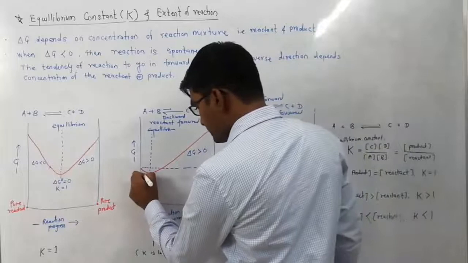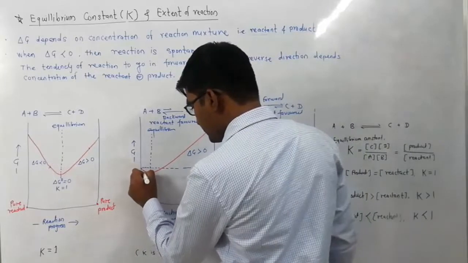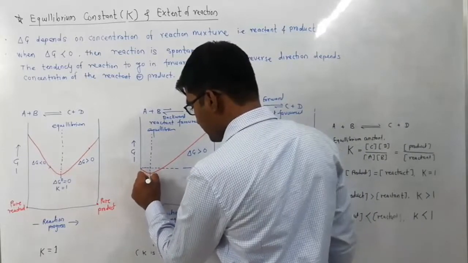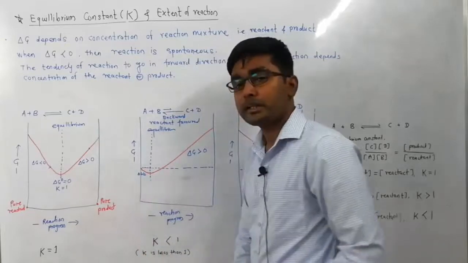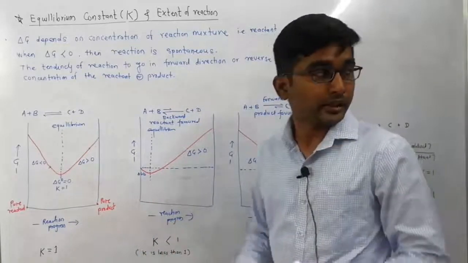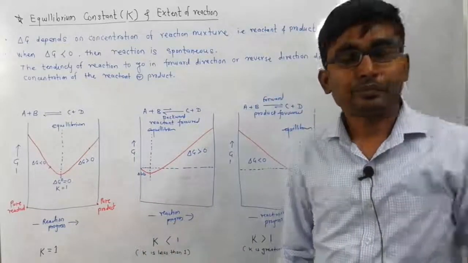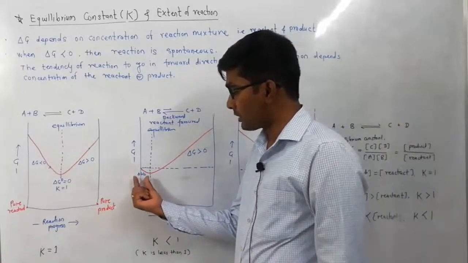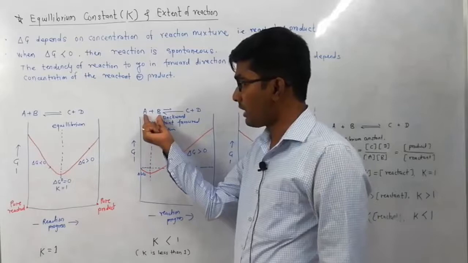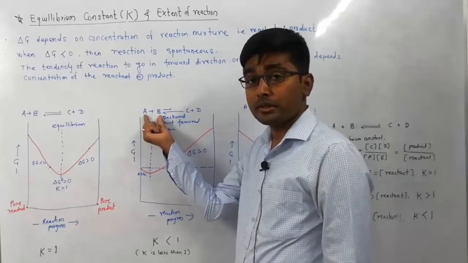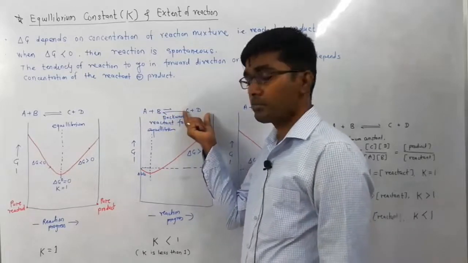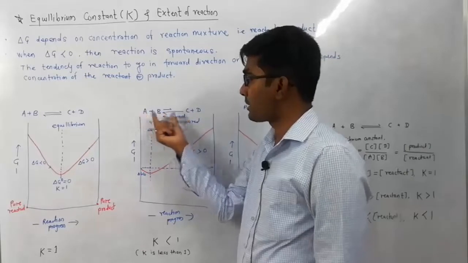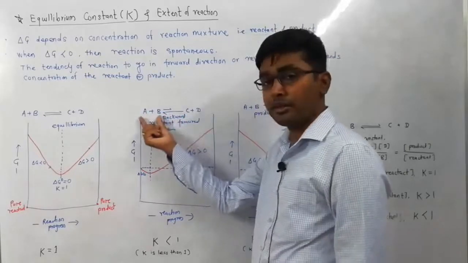Here delta G is less than 0 up to this point. So what is the physical interpretation? It means that our reactants are more stable than the products.